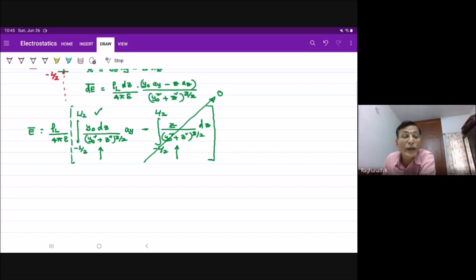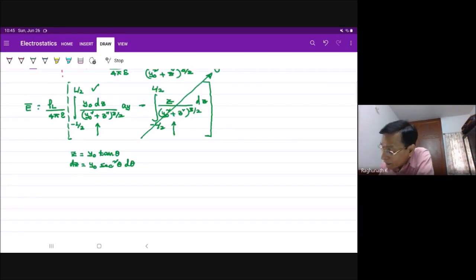where we substitute z is equal to y naught tan theta. dz is equal to y naught secant square theta d theta.